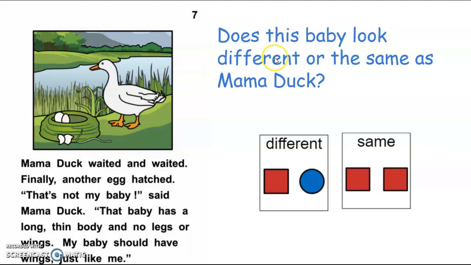Does this baby look different or the same as Mama Duck? Yes, way different. This baby slithers on the ground, and Mama Duck has wings to fly. All right, let's turn the page.